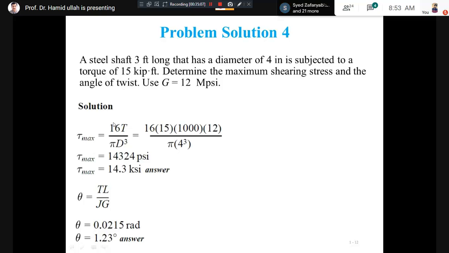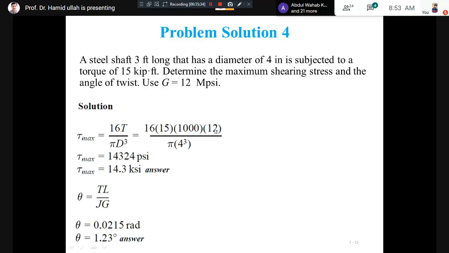Since maximum shear stress is required, for sure you will need to apply the shear stress formula. You put the value of torque. How much is the value of torque? You can see 15. You multiply it by 1000, why 1000? Because it is in kilo. Then you multiply by 12.